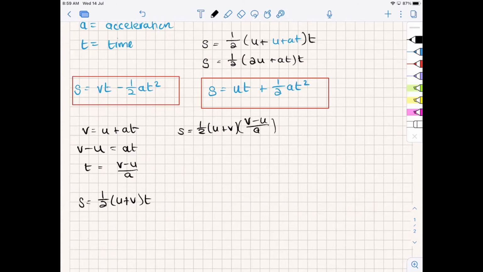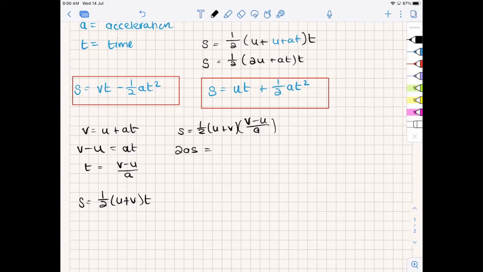Right, I have 1/2 and I have this a on the denominator and I don't like it. So I'm going to multiply both sides of this equation by 2a. That will get rid of the 1/2 and it will also get rid of that a on the denominator. So I'm going to get 2as on this side. That 1/2 is gone because I multiplied by 2.